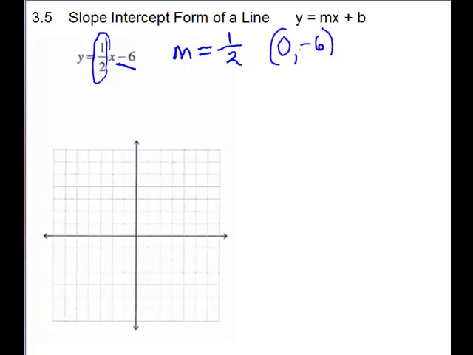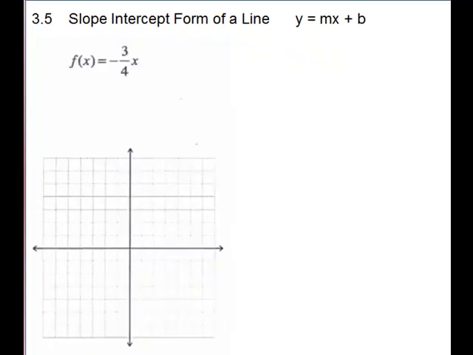We will always plot the point first, so don't go over, go down 6. And then we will move with the slope. It says vertical change is go up 1 and over 2. And then we will connect the dots.